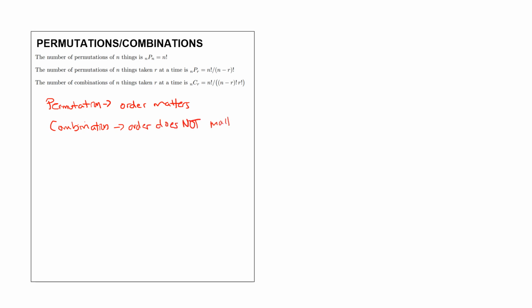Let me illustrate this on the side here. Let's say we had 5 kids, A, B, C, D, and E. And we want to form teams of 3. This is going to be the example we'll use for all these different formulas we see here.